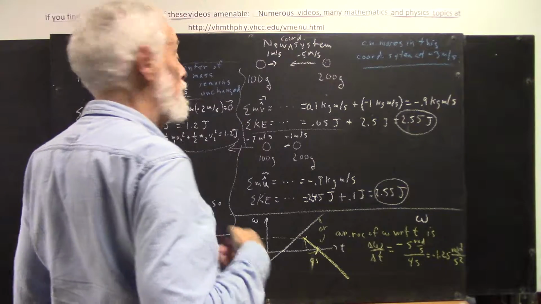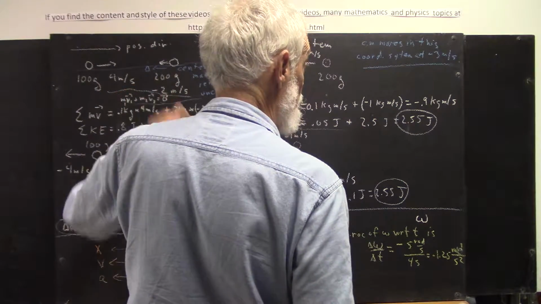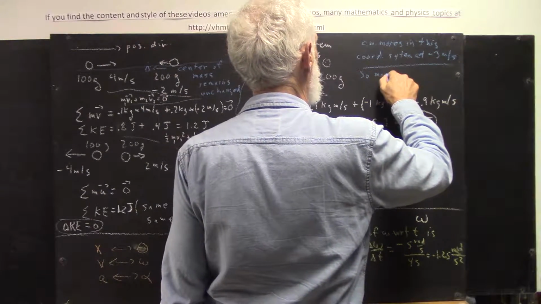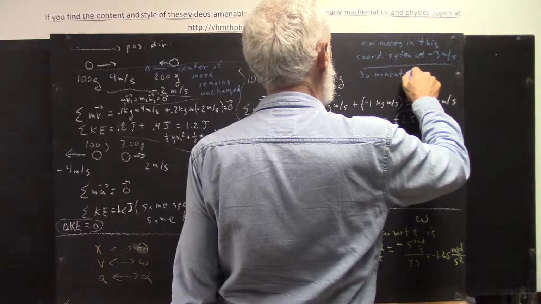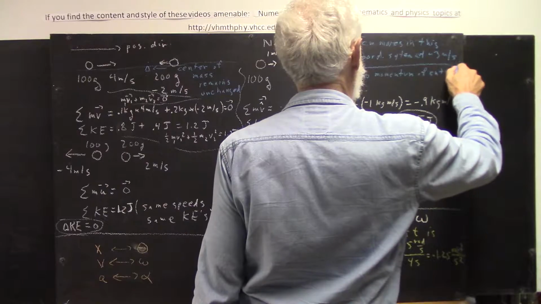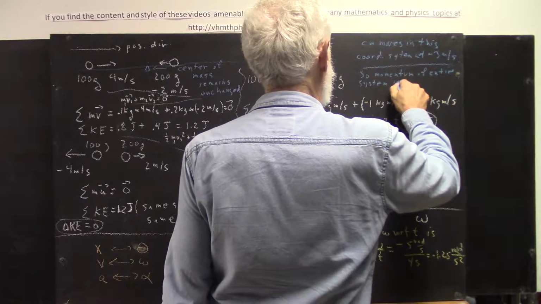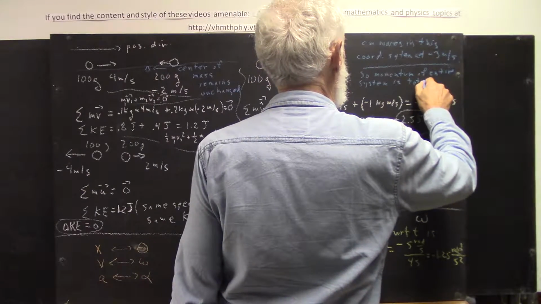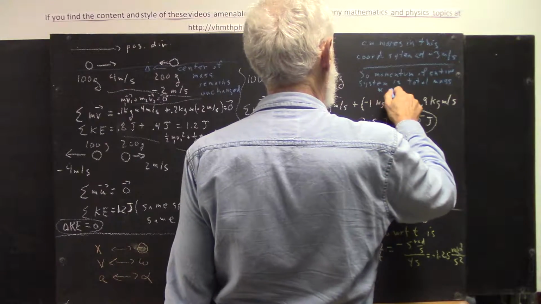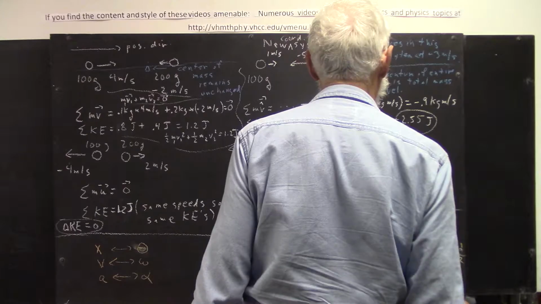So the momentum of the whole system here, I'll say the momentum of the entire system is total mass times velocity.